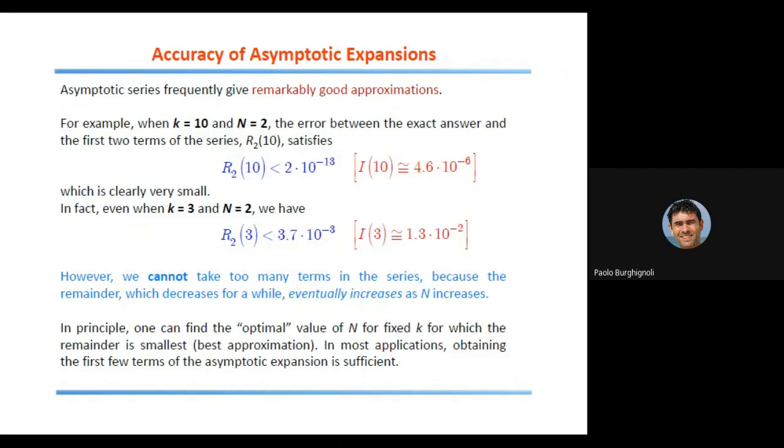This is not very common, because you should estimate where the minimum is. So in the most common situation, you just consider one or two terms in your asymptotic series. When possible, you could also optimize, so truncate at the least term in absolute value, and this is sometimes called the super asymptotics, because this gives you the best possible accuracy for a truncated series.